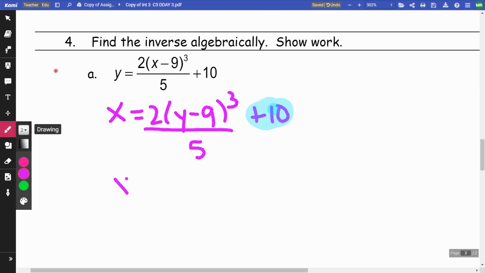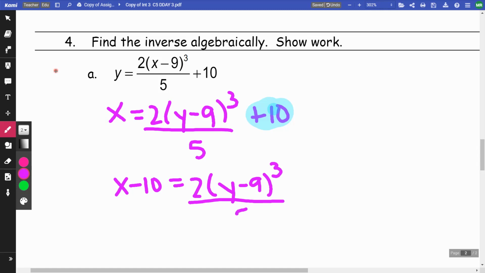So I'm going to have x minus 10 is equal to 2 times the quantity y minus 9 cubed divided by 5. And then what I'm going to do, and I could do this a couple different ways, but I'll just do it this way. So I want to get rid of the 2 and the 5. It's a 2/5 I want to get rid of, and so I can multiply by 5 halves.